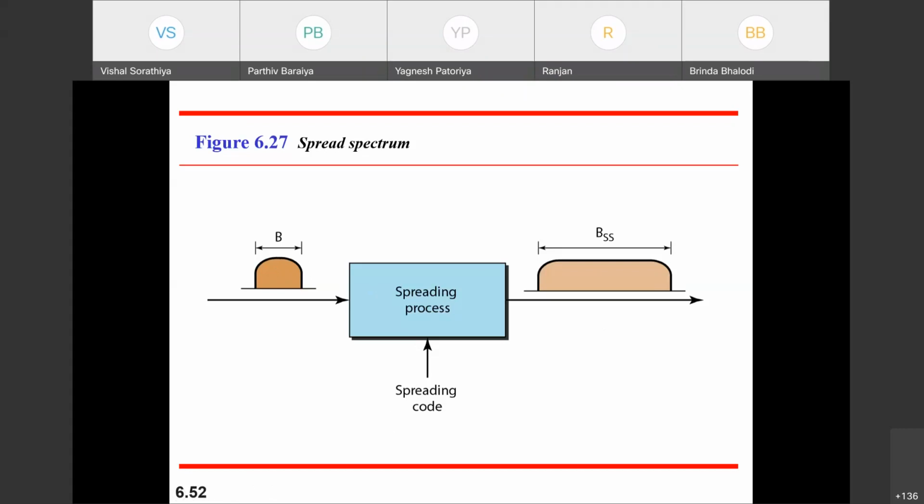We need that to provide privacy and security. अगर आपको पता चल गया आपकी टेलीफोन लाइन में ये टेलीफोन लाइन इसी बैंड में हर वक्त ट्रांसमिट हो रही है, तो आप उसके बीच में से वो केबल निकाल के आप वहां पे टेप लगा दोगे और आप भी ऐसा फिल्टर अपने हिसाब से बना दोगे, तो you can also hear the same stuff. पॉसिबल है ना कि अगर आप मल्टीप्लेक्स कर रहे हो तो आपको पता चला कि ये टेलीफोन लाइन 1 ये बैंड में जा रहा है, टेलीफोन लाइन 2 ये बैंड में जा रहा है, तो आप वो केबल निकाल लो जमीन में से. I'm just giving the example and you just put your own filter.